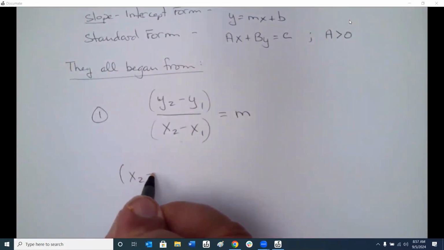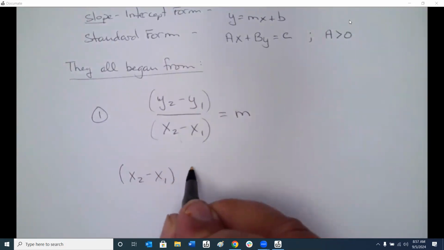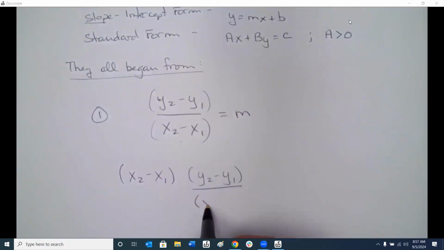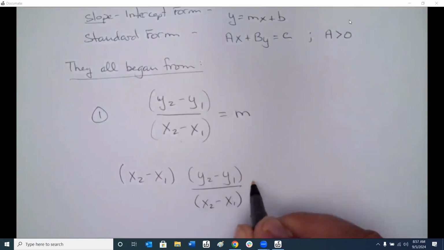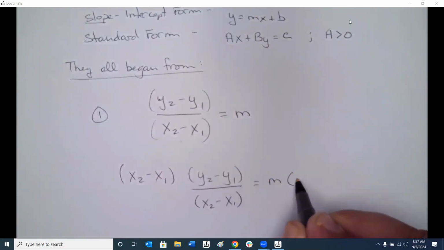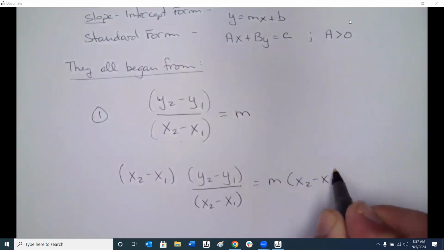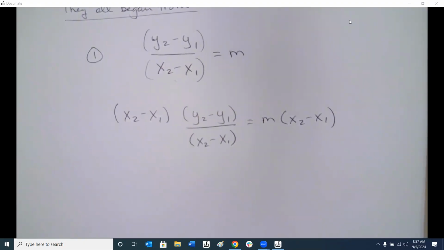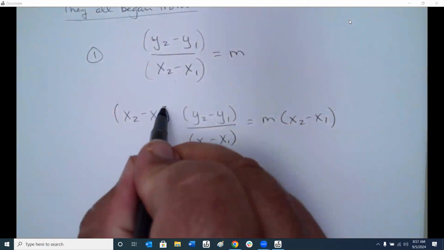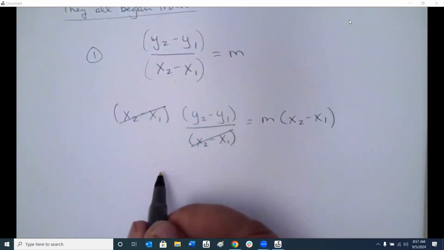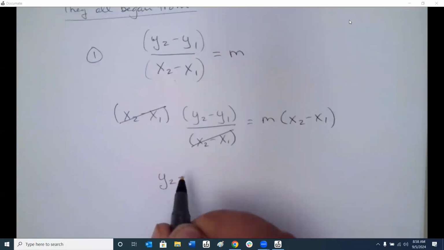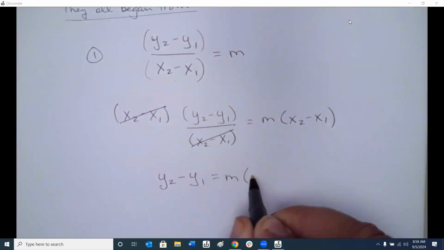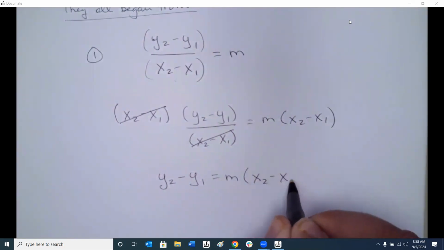So I multiply both sides of the equation by the bottom. So the x2 minus x1 cancel. So we have y2 minus y1 equals m times x2 minus x1.